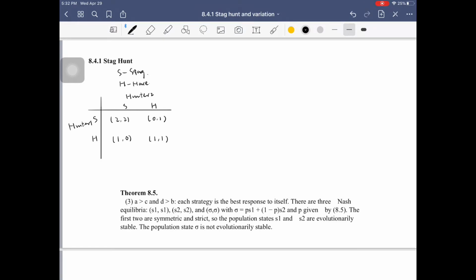And let's write it in the theorem 8.5 way. Let's use ABCD for the illustration. So the 2-2 is AA and 0-1 is BC and 1-0 is CB and 1-1 is DD.